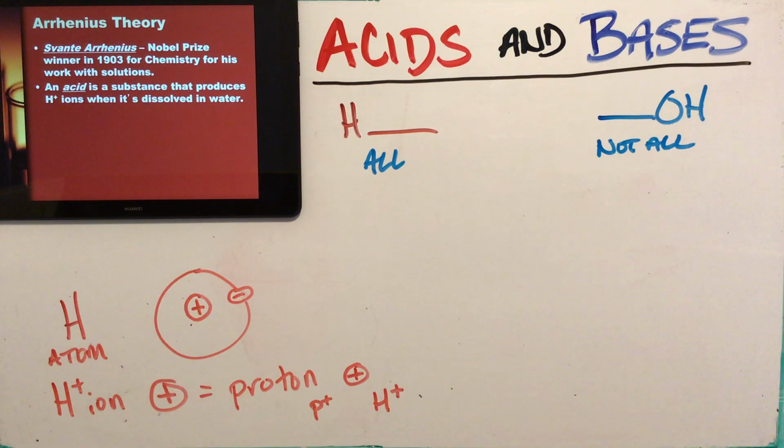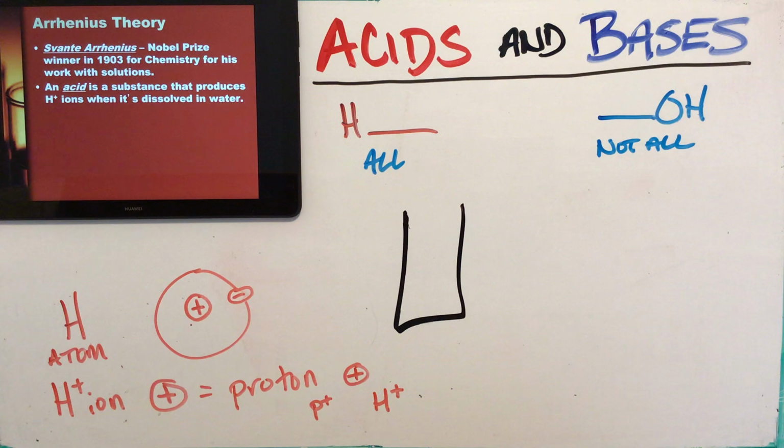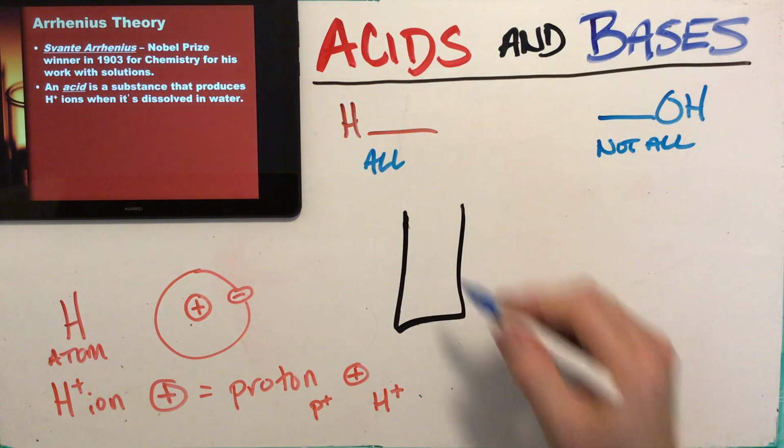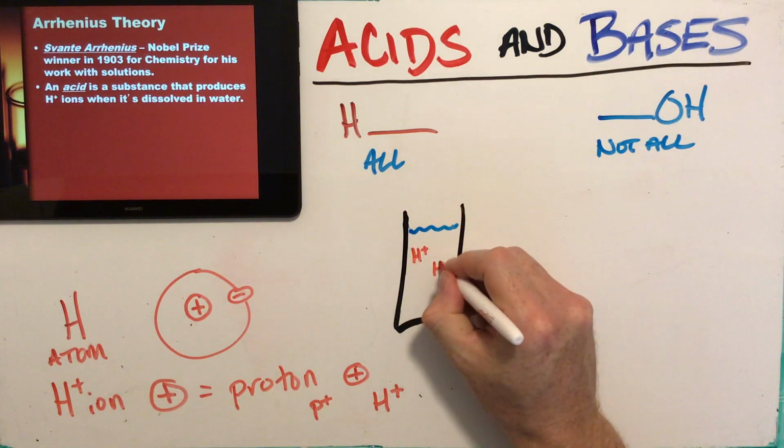So when I throw an acid in water, I throw that acid in water, and what I'm going to find is, if I put an acid in water, I end up with a whole bunch of these in there.